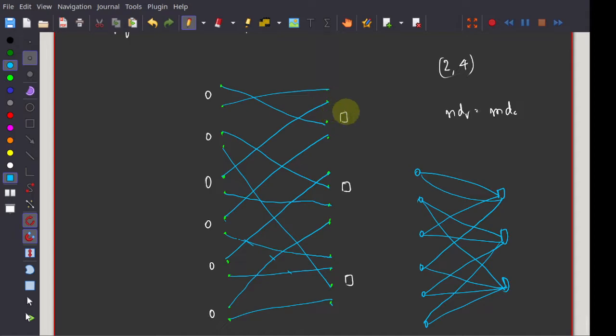Because every right vertex has exactly dc sockets, there can't be any more than dc edges incoming on one particular right vertex. Similarly, every left vertex has exactly dv sockets. So at most dv edges can be incident on this. The reason why this can be less than dv is when you have parallel edges. Basically what you should do is replace this with a single edge.